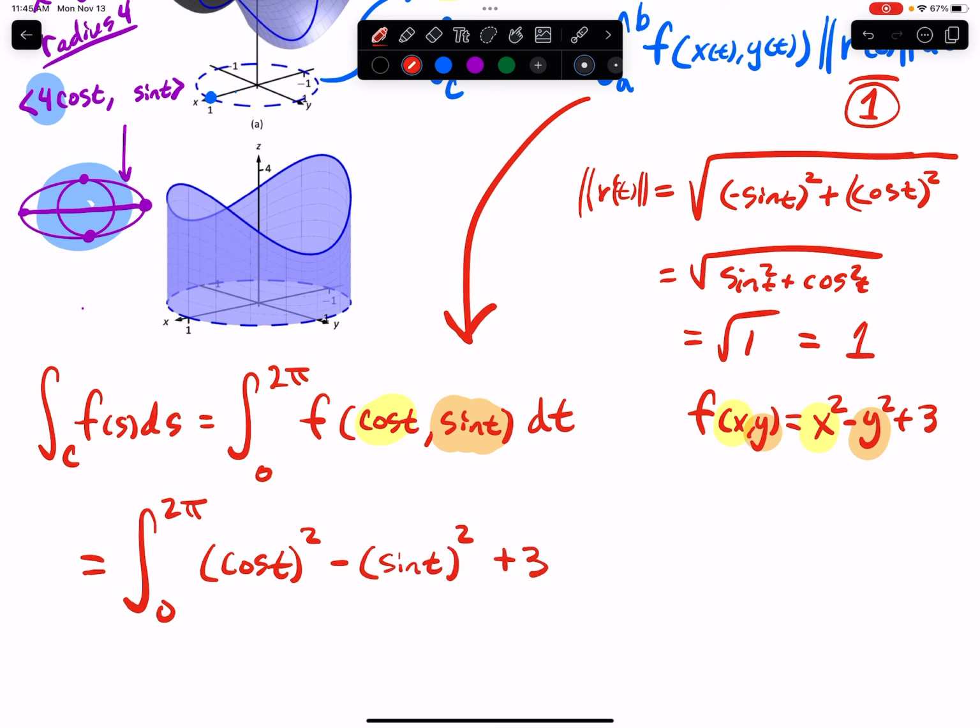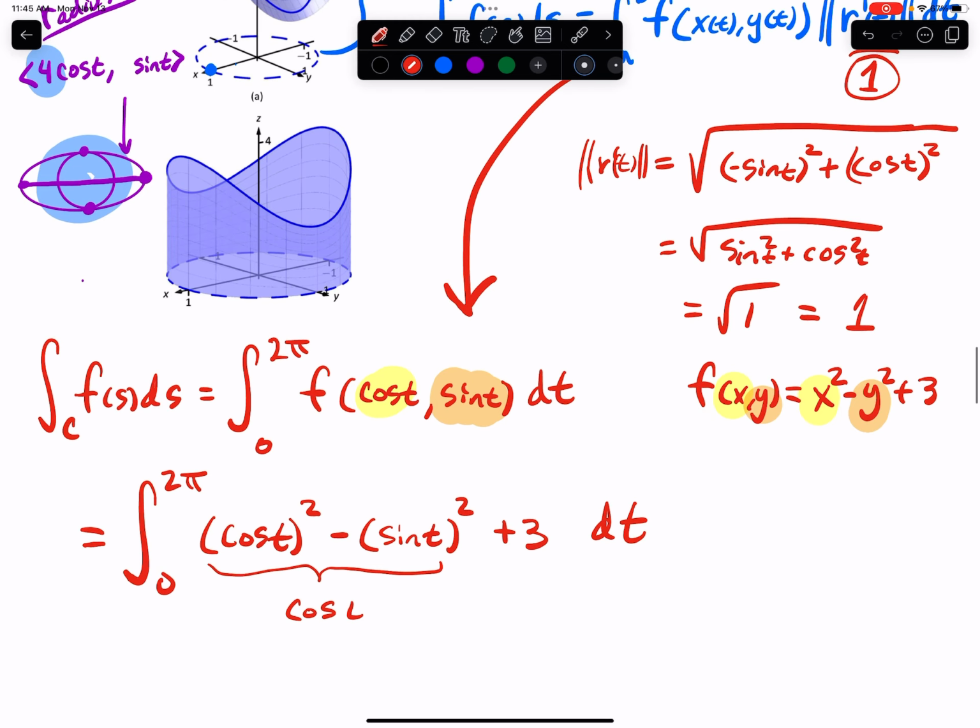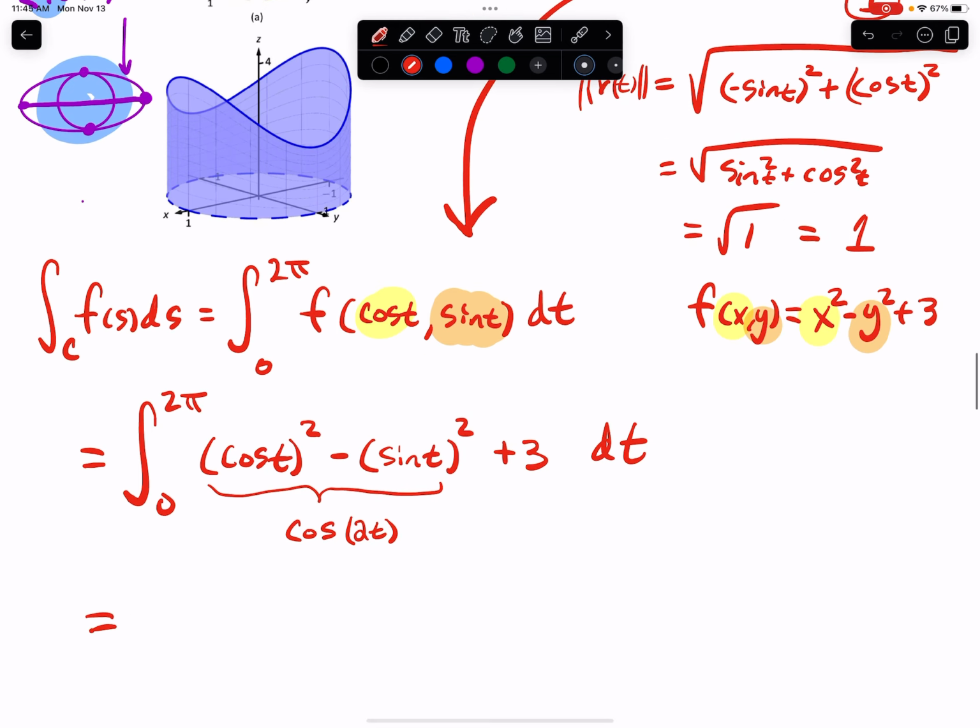Now, cosine squared minus sine squared is actually an identity. This is the cosine of 2t. Okay, so that helps us out. If you didn't know that, you just have to use a reduction identity, but whatever. Integral 0 to 2 pi of cosine 2t plus 3 dt.